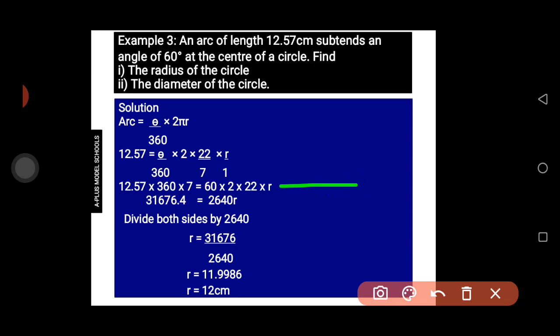I multiply the numerators together, and don't forget I'm looking for r. That will give me 12.57 multiplied by the denominators, 360 multiplied by 7 multiplied by 1, is equal to 60 times 2 times 22 times r.